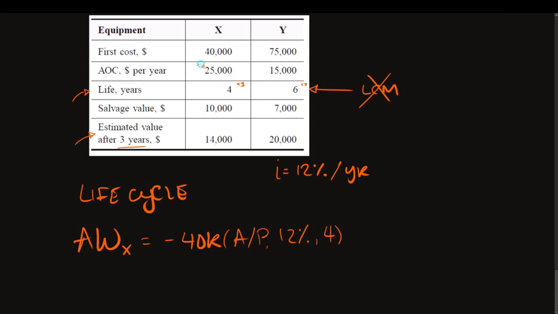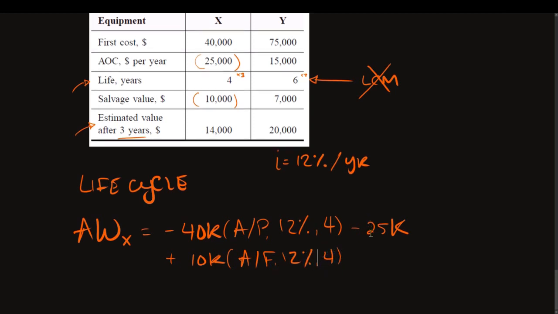Now you have annual operating costs, already annual, so that's pretty easy. It's just minus 25K. Now we get our salvage. We get our salvage value back in 4 years. So we have plus 10K, A given F, 12% for 4 years, as in 4 years from now.